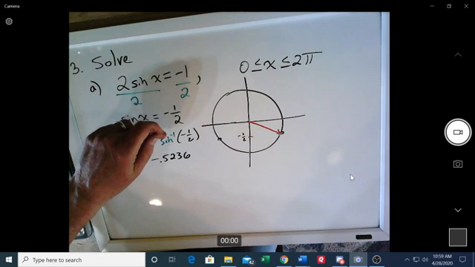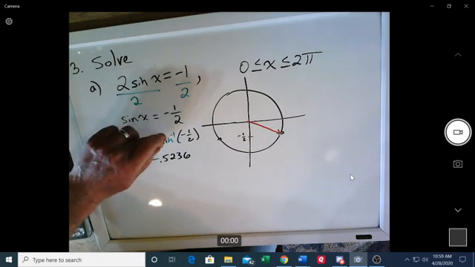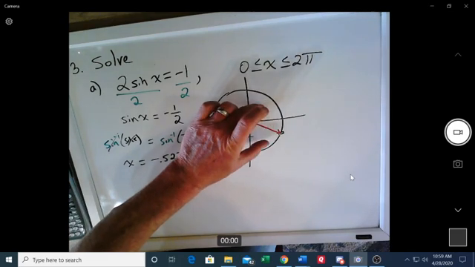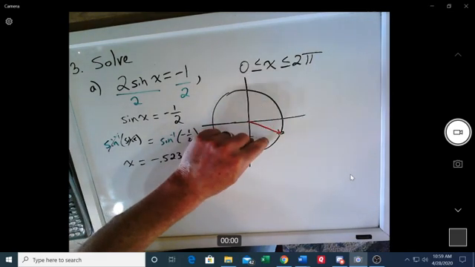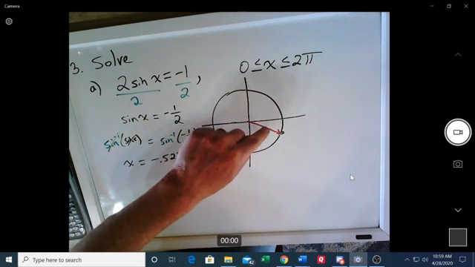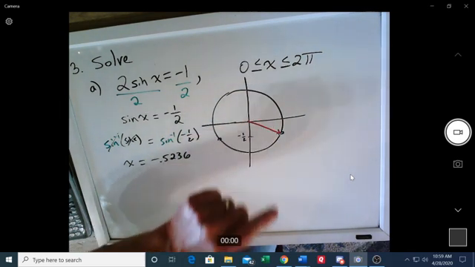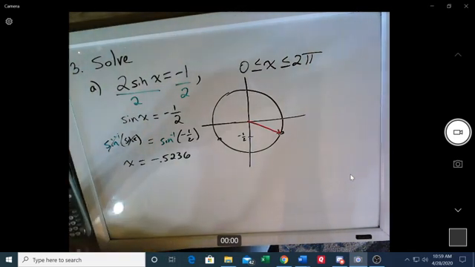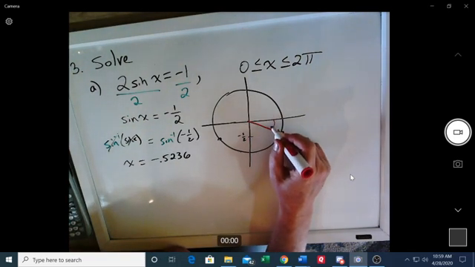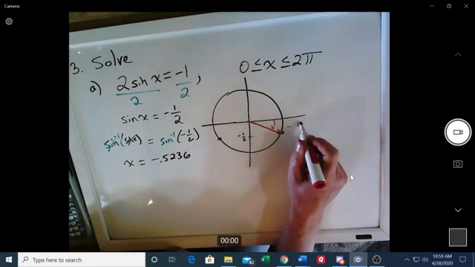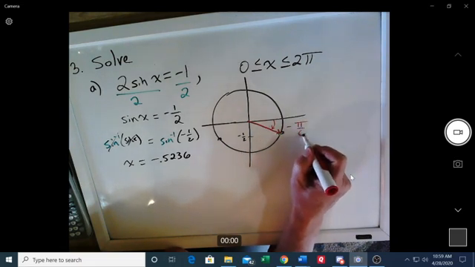I remember that the inverse sine is going to be in these two quadrants, quadrants 1 and 4, and quadrant 4 angles will be reported as a negative angle. So I know that this was going to be recorded as a negative, and that's really 30 degrees, or pi over 6.